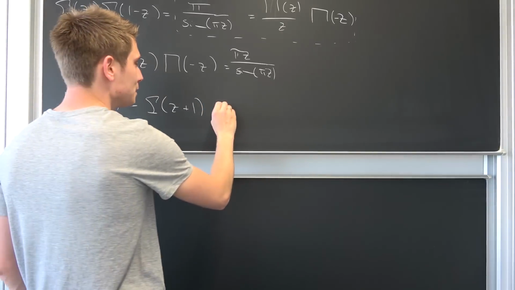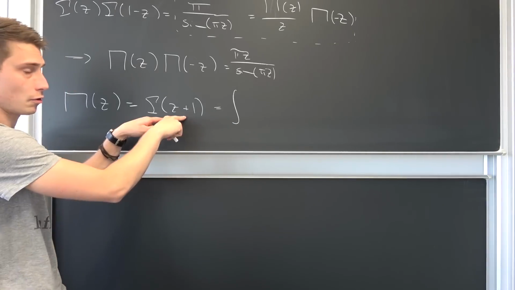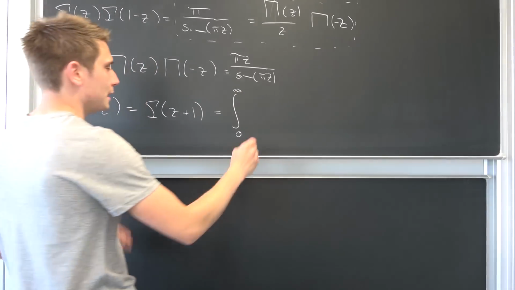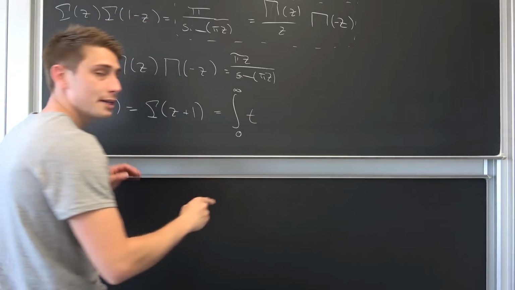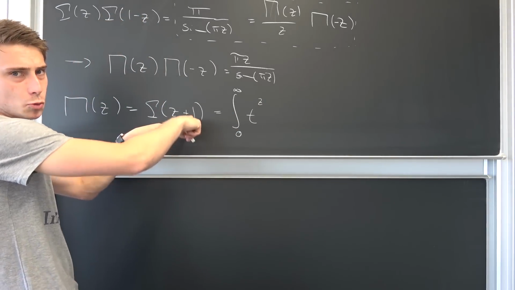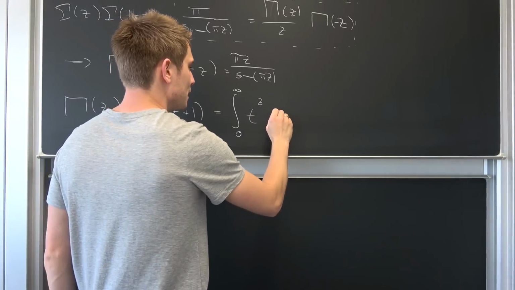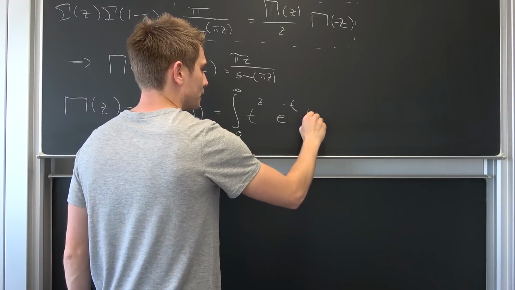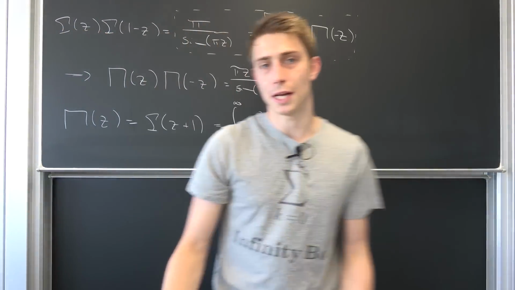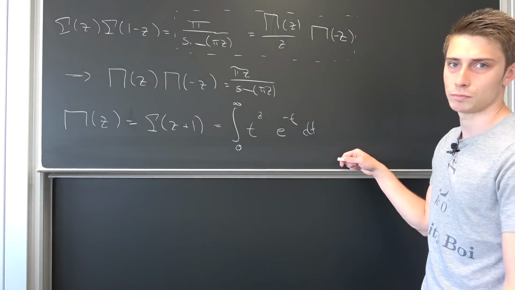And if we plug this into our integral definition of the gamma function, we are going to get an integral from 0 to infinity of, in the normal case, for example, t to the argument minus 1, so z plus 1 minus 1 is nothing but z, times e to the negative t dt. And this right here looks a bit nicer, in my opinion.